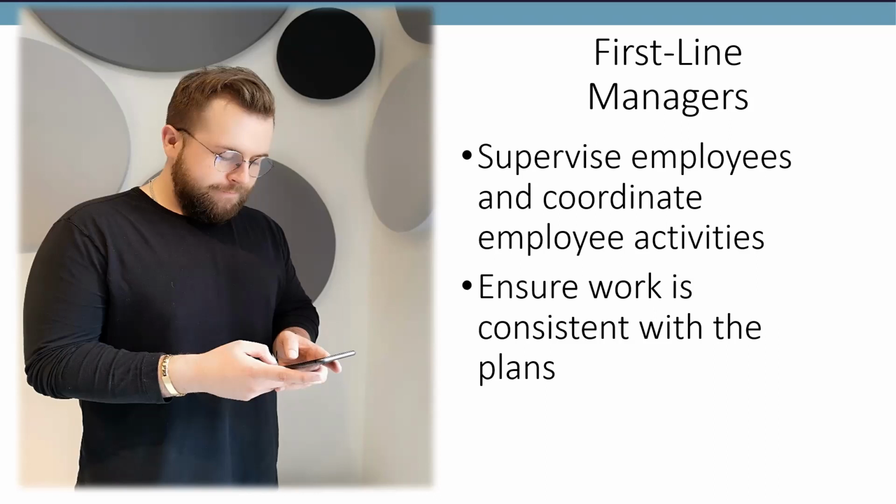Those type of titles, they are the titles that are around you. And again, like I mentioned, first line managers have responsibilities, but they're very limited. They're still heavily controlled by top level management, and the middle level management will oversee them.